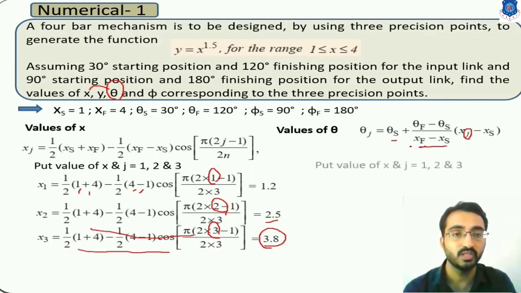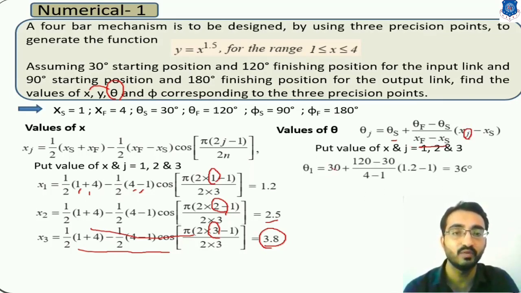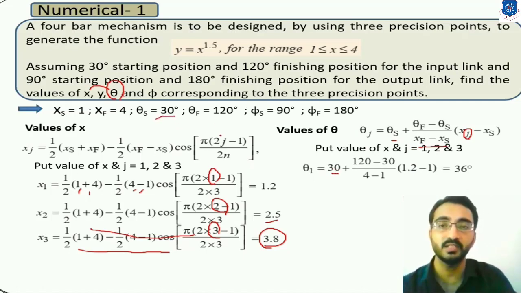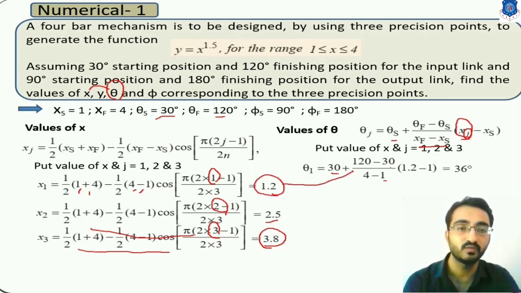For theta 1, the starting value is 30, given in our data, and the change in theta is given as 30 to 120. By placing the values, and putting x1, which we obtained from the previous calculation as 1.2, we get the angle 36 degrees.